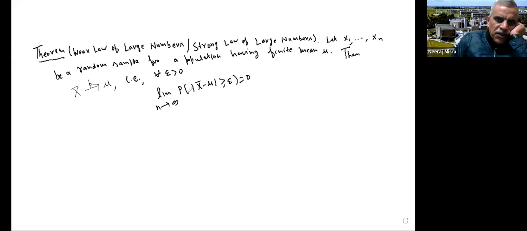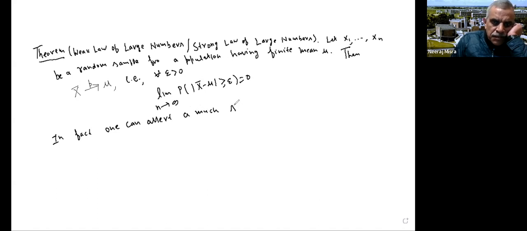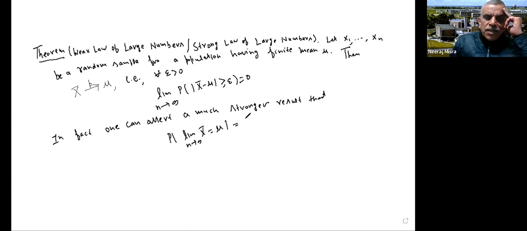This is a result which you already know. In fact, one can assert a much stronger statement, or much stronger result, that the probability that the limit as n goes to infinity of X bar is the same as mu, so the probability that X bar would converge to mu, is 1.